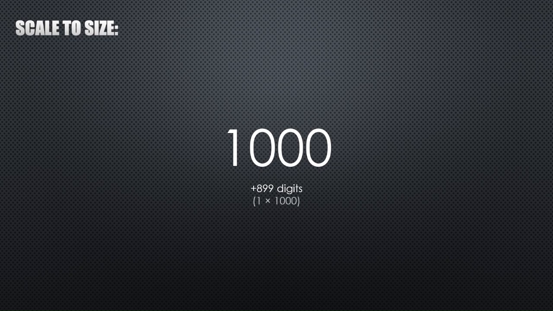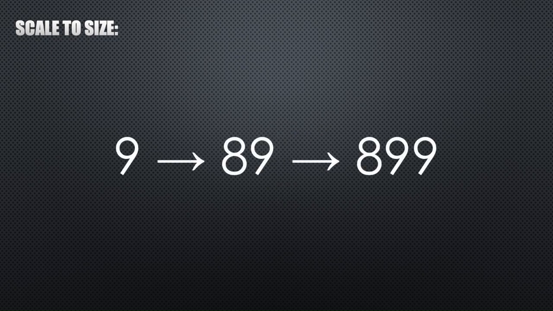So that's basically 1 into 1,000. If you look at this pattern, can you see the jump? 9, 89, 899. It jumps multiplicatively, not exponentially though. It jumps multiplicatively, and that number is huge. 1 2 3 4 5 6 7 8 9. 1 2 3 4 5 6 all the way to 89. Then 1 2 3 4 all the way to 899.